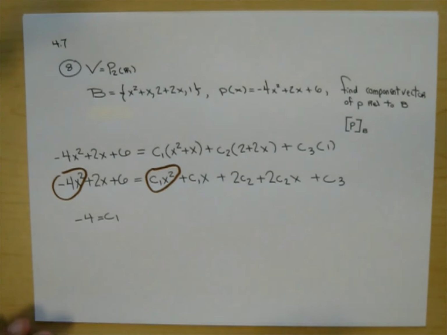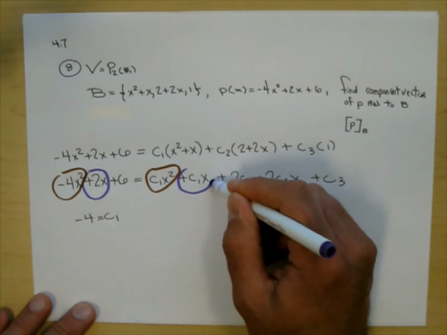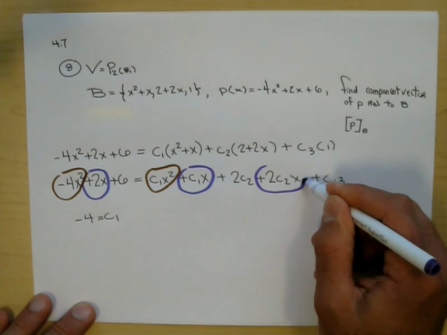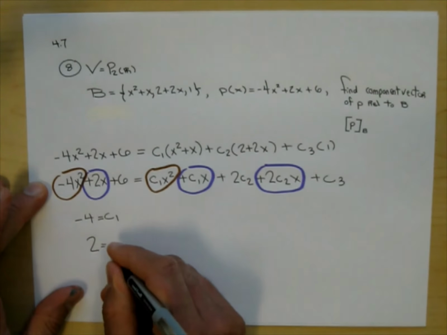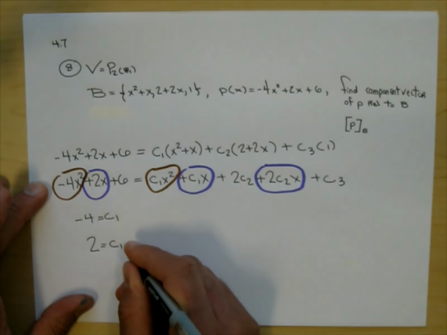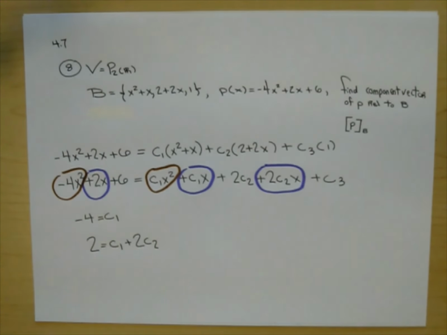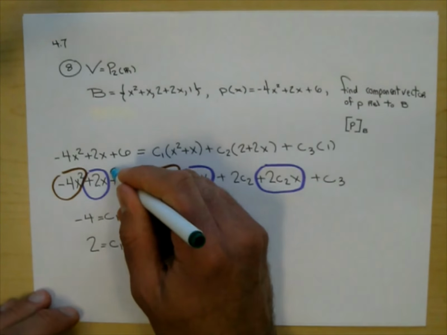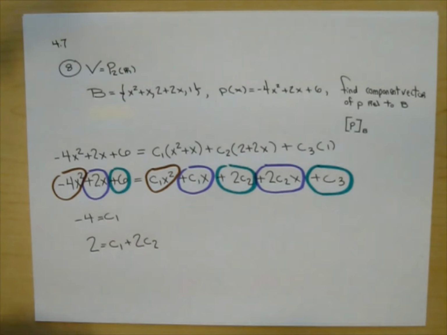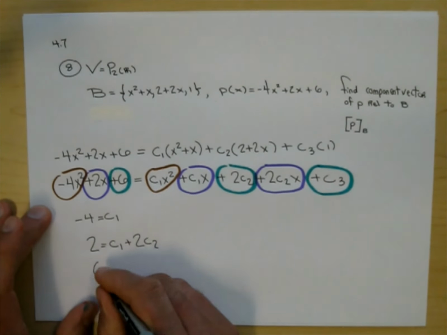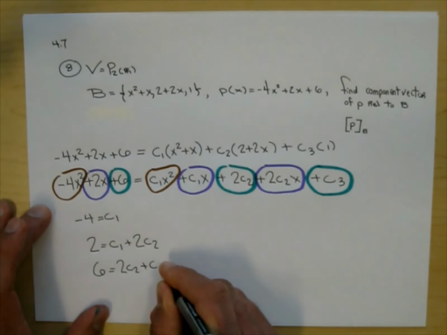Circle all my x terms. And that one gives me 2 equals C1 plus 2C2. And then I'm going to circle all my constants. That gives me a third equation, which says 6 equals 2C2 plus C3.